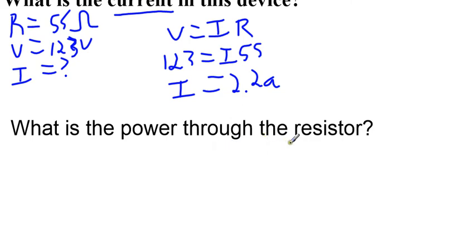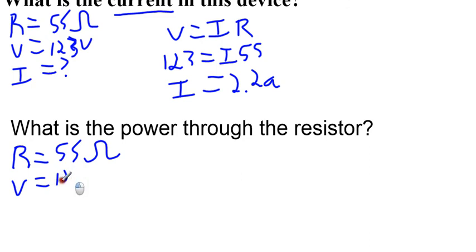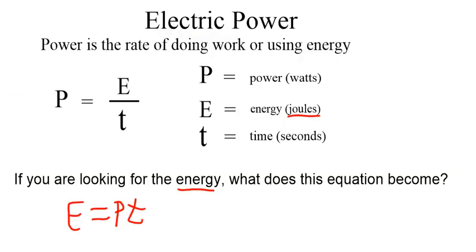The next part is for power. What is the power through the resistor? Now, once we have our variables, we have our resistance as 55 ohms, we have our voltage as 123 volts, and we have our current as 2.2 amps. We can use any of our power equations that we have.